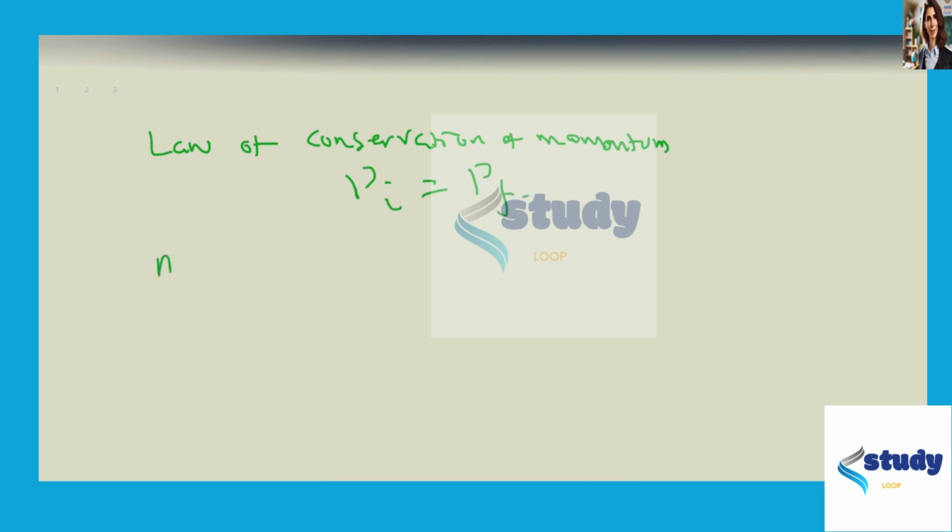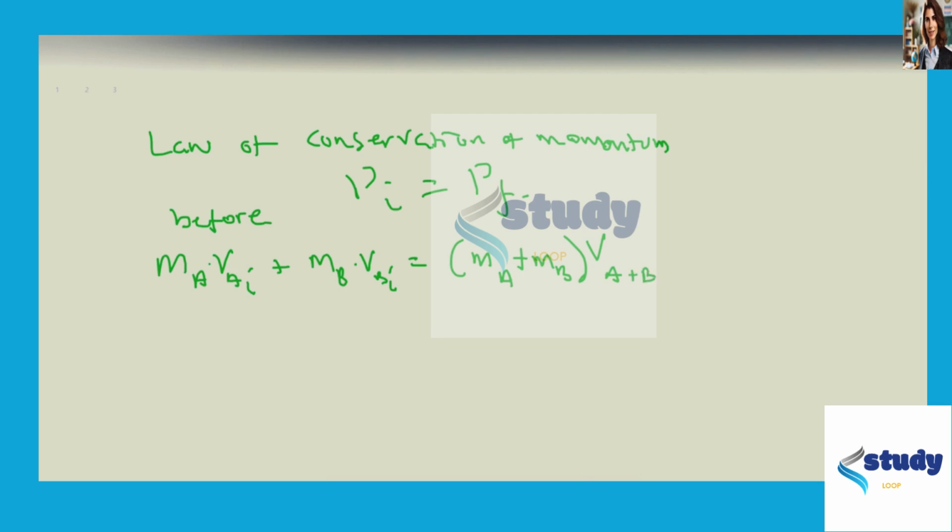And here the initial momentum is the mass of A times the initial velocity of A plus the mass of B times the initial velocity of B equals, when they combine with each other, the mass of A plus the mass of B times the final velocity. So this is before they collide, and then this is after they collide and stick with each other.